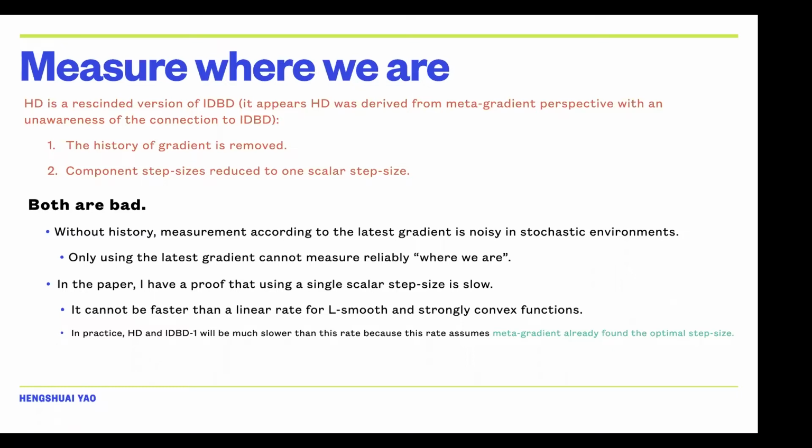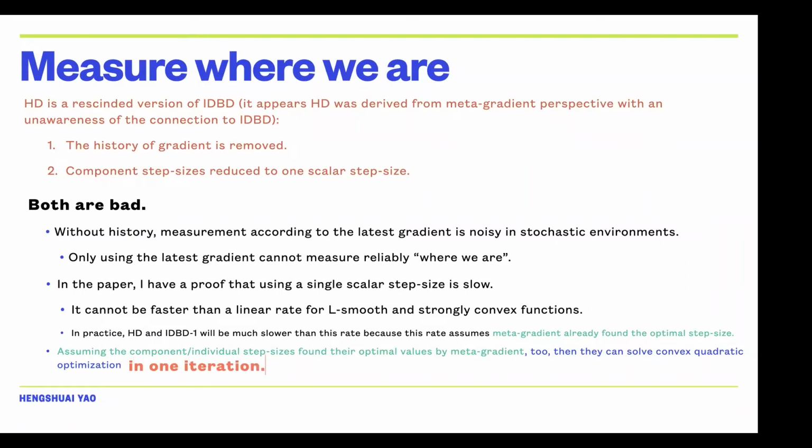Instead, if we assume component individual step sizes are used and they are adapted according to meta-gradient, then they can solve convex quadratic optimization in how many iterations? 1 iteration. This is quite whoa, really?